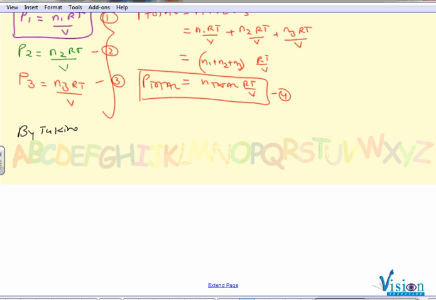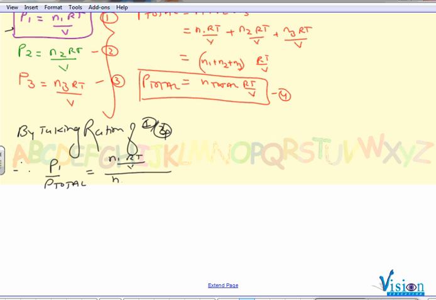By taking a ratio of equation 1 by equation 4, that means P1 upon P total, what will you get? N1RT by V upon N total RT by V.